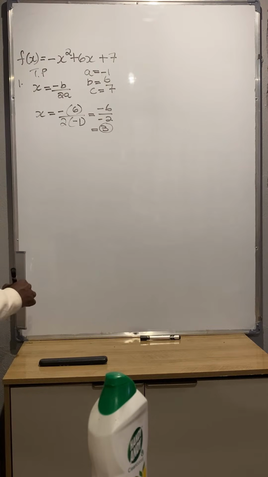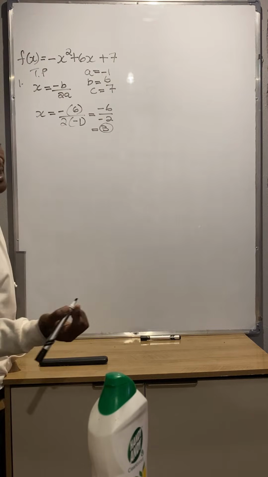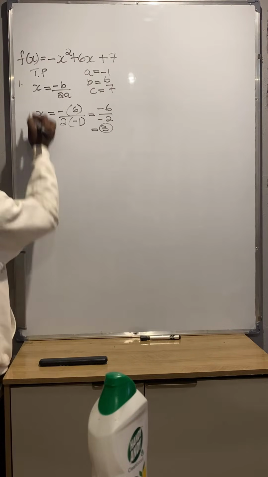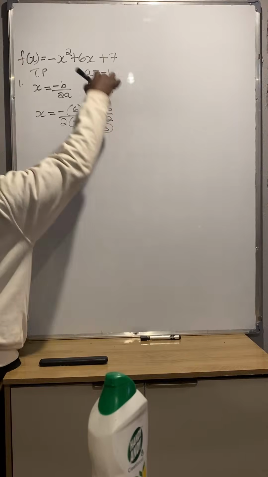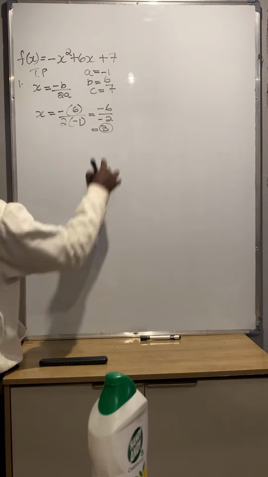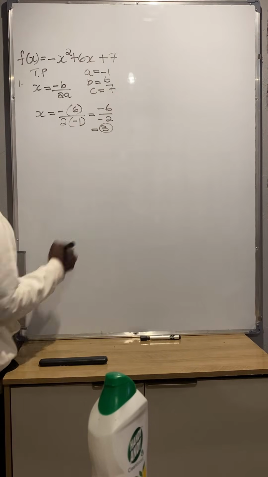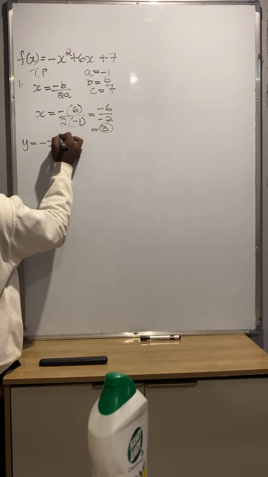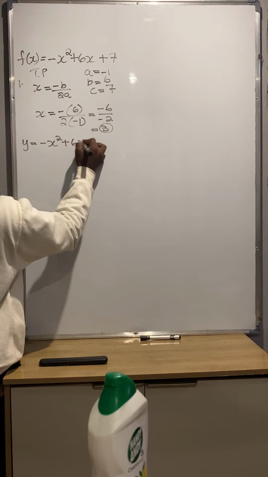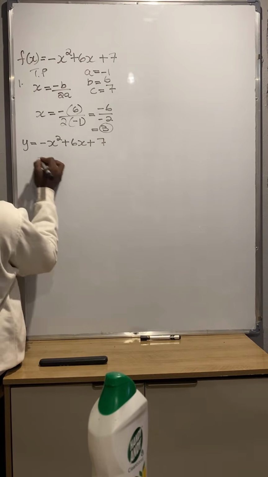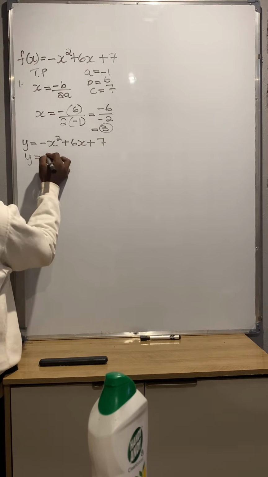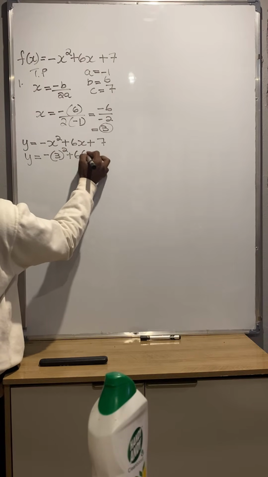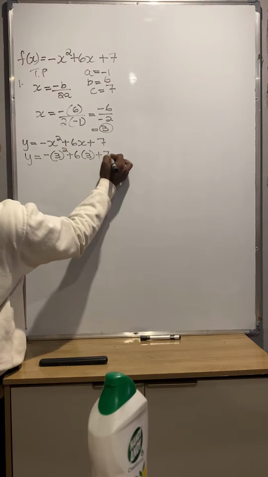And then what about y, guys? Based on the coordinates of the turning point, we substitute x equals 3 into the original equation. y is equal to negative x squared plus 6x plus 7. Therefore y is equal to negative 3 squared plus 6 times 3 plus 7.